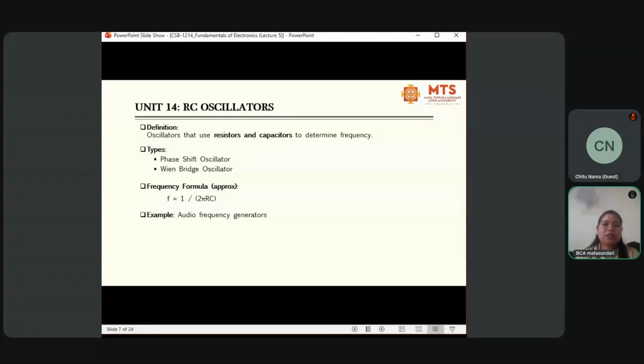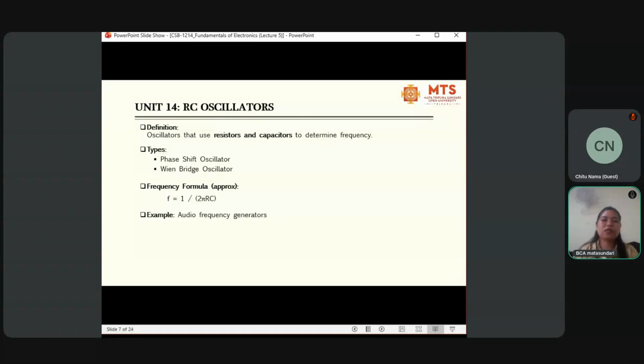Now the RC oscillator. RC oscillators use resistors and capacitors to determine frequency. The types are the phase shift oscillator and the Wien bridge oscillator. The frequency formula, approximately, is F equals 1 by 2 pi RC.